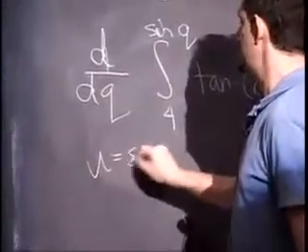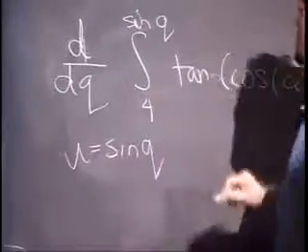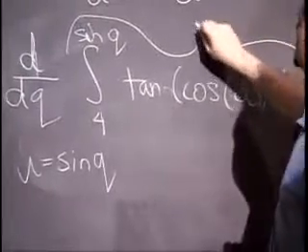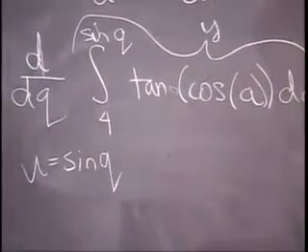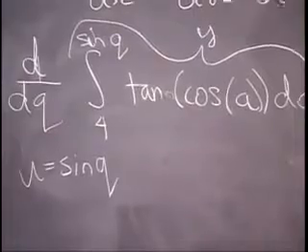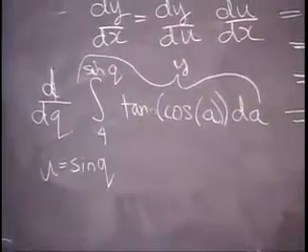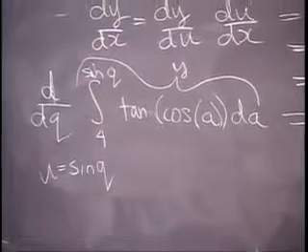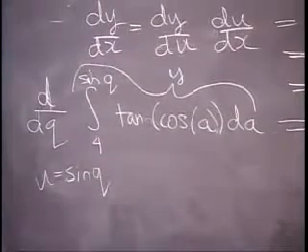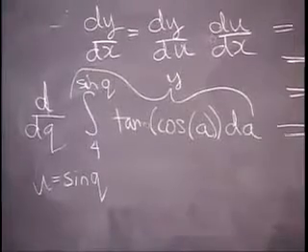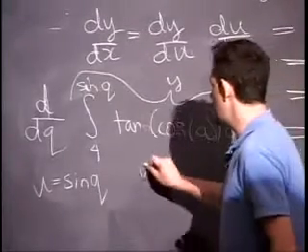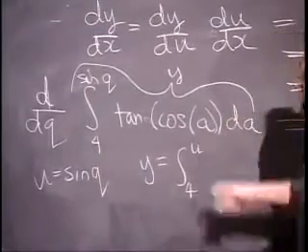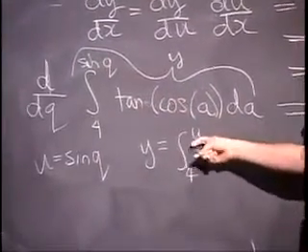U equals sine q, and I'm going to call this expression here y. I'm not going to write it out again. I've got to leave something for you, although this is all in section 17.5. I guess it's 3. Sorry, I don't have the exact reference, but it's variation 2 within 17.5. So if I call this y, then y is equal to the integral from 4 to u, because I've changed sine q into u.